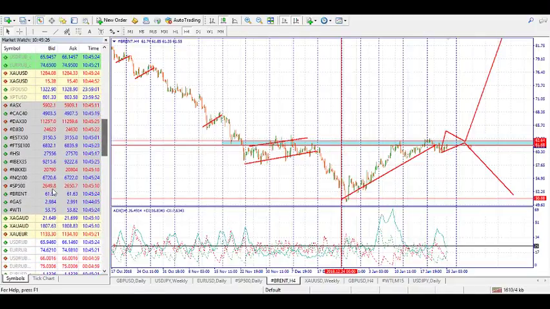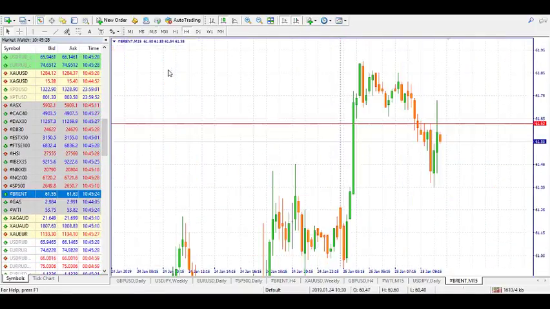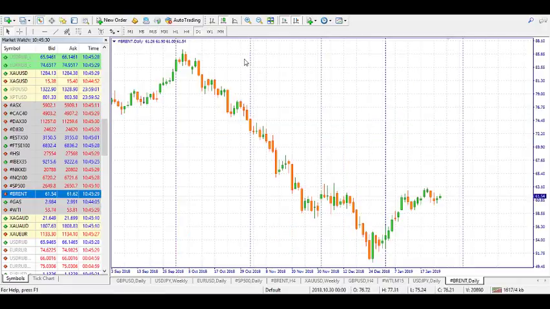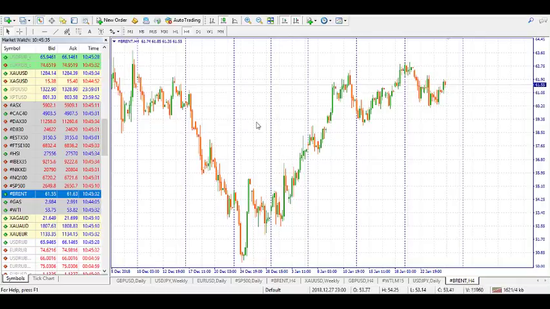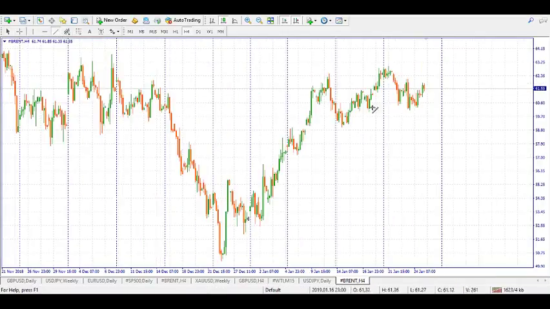Just a second. Brent oil is here. So on this chart, we have a level here. We have this one here. You can see this is a support.